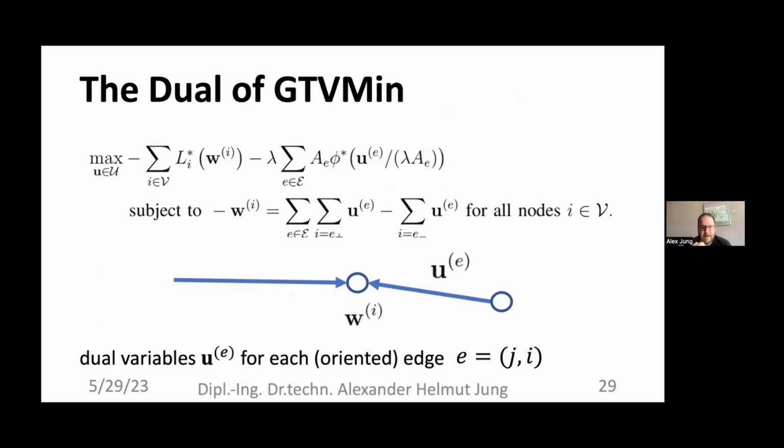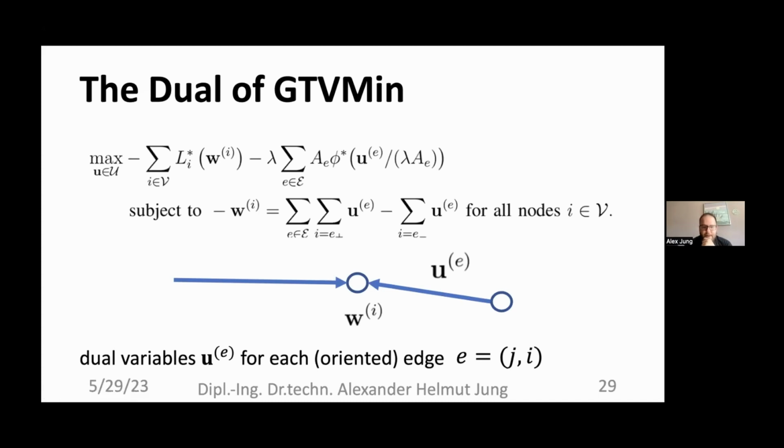It turns out that this GTV minimization has a dual function, in a very precise sense, particularly using convex duality. And this dual function is a network flow optimization problem. So solving GTV minimization is equivalent to solving this flow optimization problem.